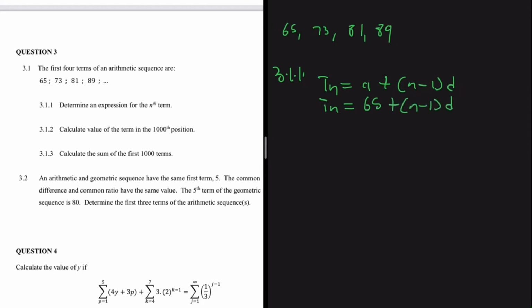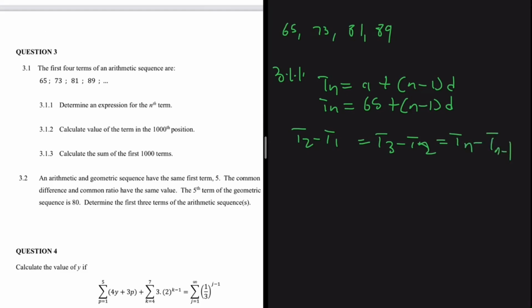And then now let's pay our attention to d. D is the common difference, right? You can find d by saying that T2 minus T1, or you can say that T3 minus T2, as long as you're finding the difference between two consecutive terms, right? Basically we're saying Tn minus Tn minus 1, right?